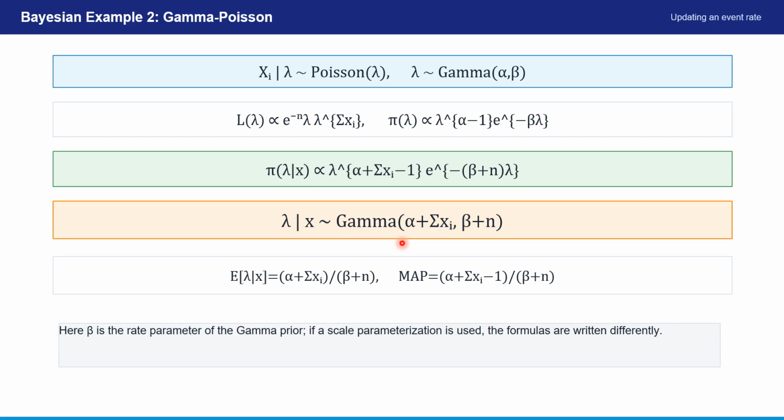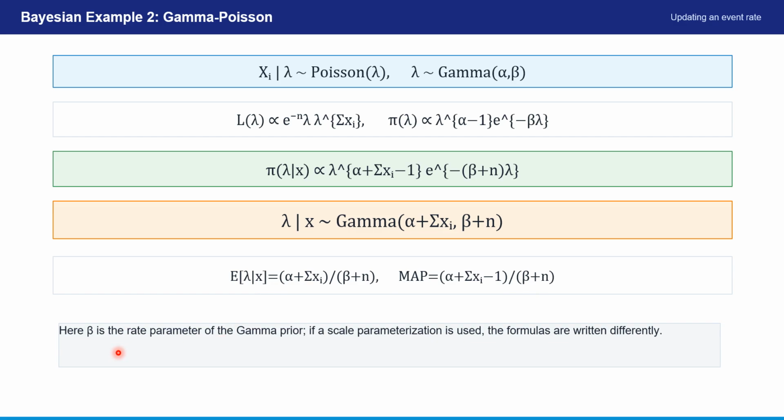Therefore, lambda given x follows gamma with shape alpha plus sum xi and rate beta plus n. The posterior mean is (alpha plus sum xi) divided by (beta plus n). The MAP estimate is (alpha plus sum xi minus 1) divided by (beta plus n) if the shape is greater than 1.